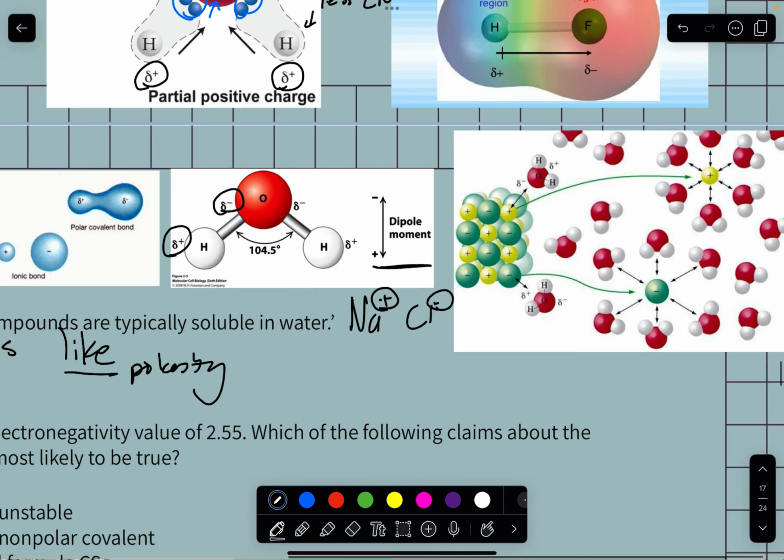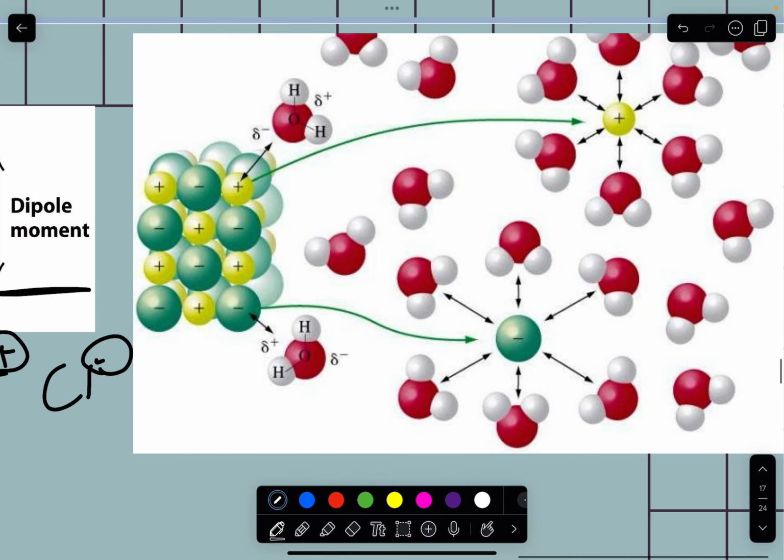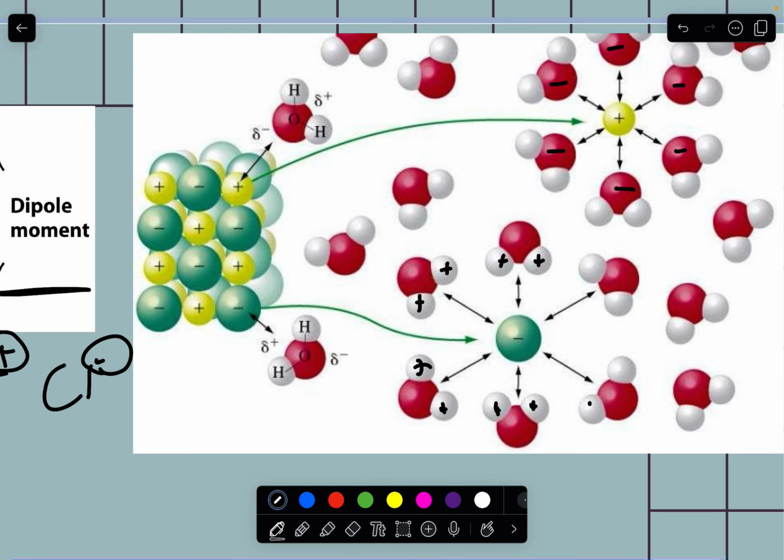And when it does dissolve, it does what this image shows here. The negative side of our oxygens, so remember the reds are oxygens, are going to surround the positive cations, the sodium, and then the positive sides, the partial positives of our hydrogens, are going to surround our negative from the chlorine or chloride. Okay.